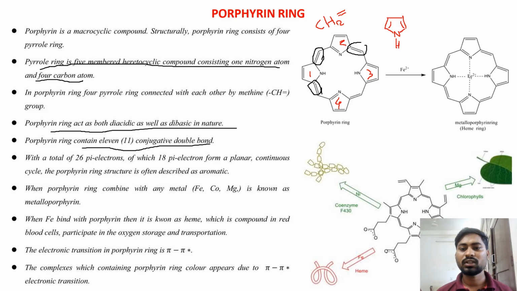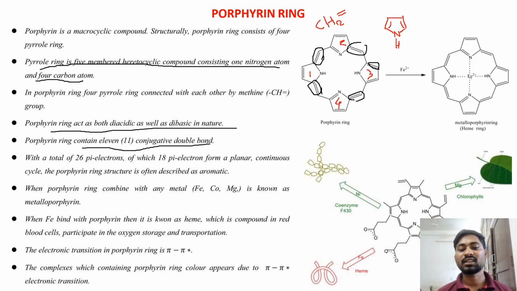You will observe here one conjugated double bond, here one double bond, here one double bond, alternately one after another. This is the conjugation.